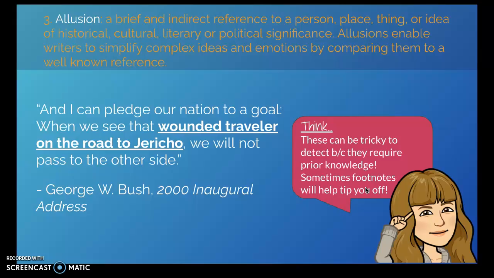Here, he's talking about the way in which our nation promises to take care of others, right? Our nation pledges itself to a goal that when we see others in need, we're not going to go to the other side as the other characters in this story did, but instead we will stop and we will provide assistance.